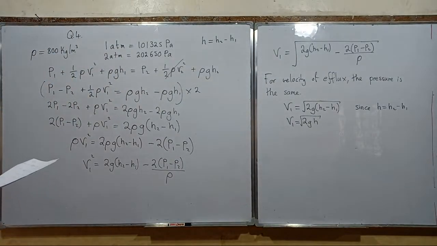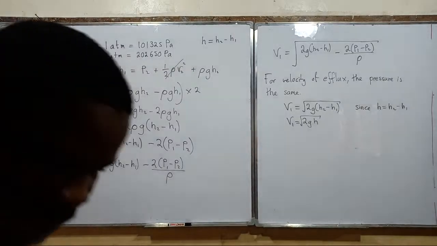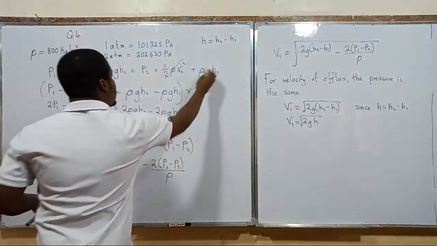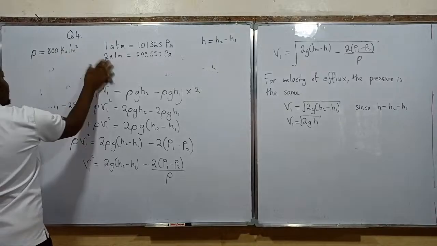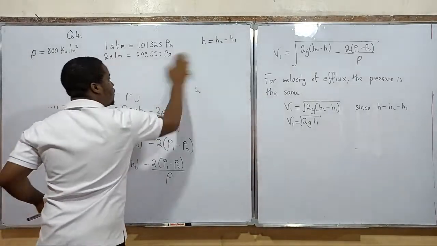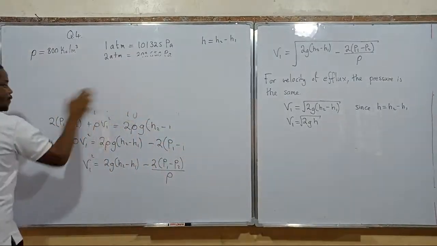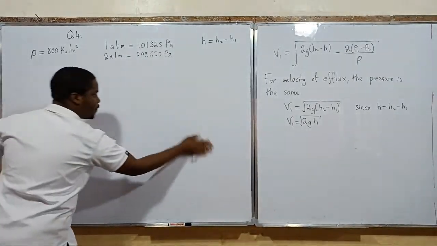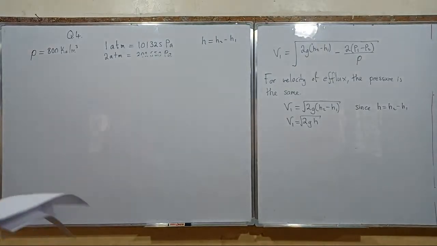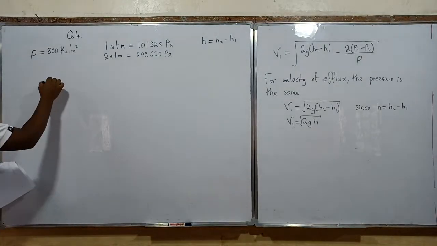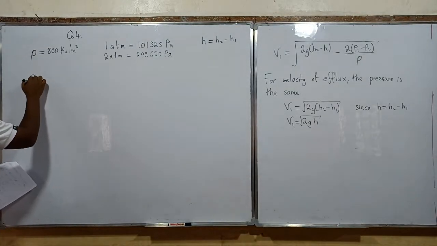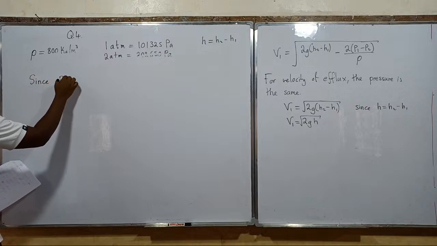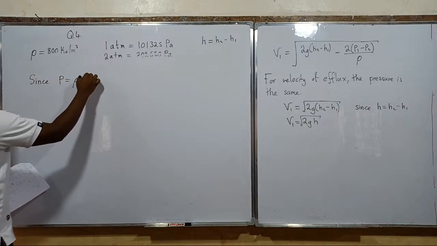Now, the formula for pressure that we're going to use is simply that pressure is equal to rho gH. This is where it gets interesting. Let's do this part. Okay, so the formula for pressure is given by rho gH.